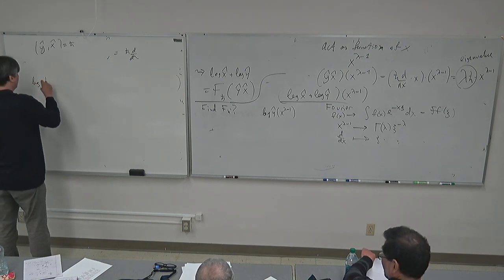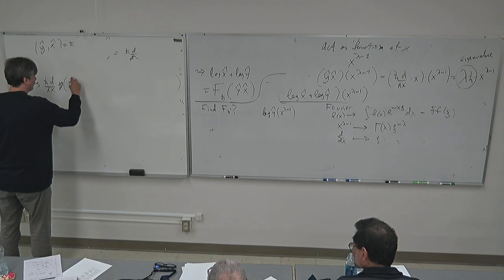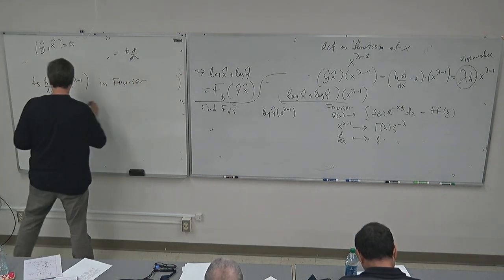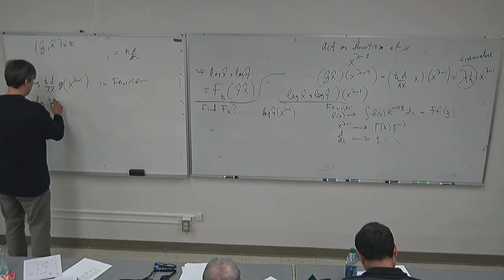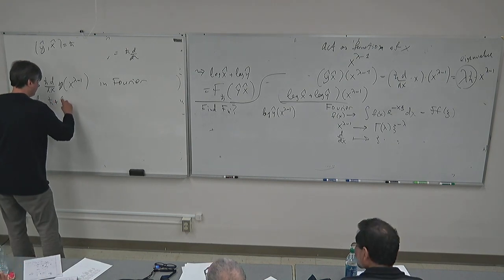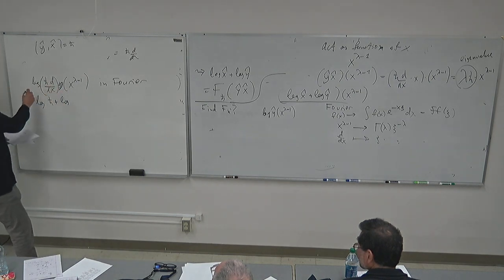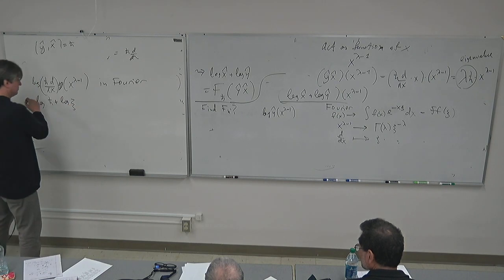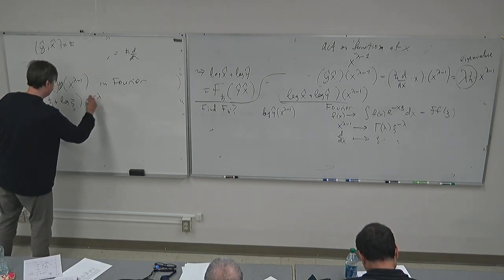Log of h bar d/dx on x to the power lambda minus 1, in the Fourier transform, is log h bar plus log of xi, since d/dx goes to xi, multiplied by xi to the power minus lambda.